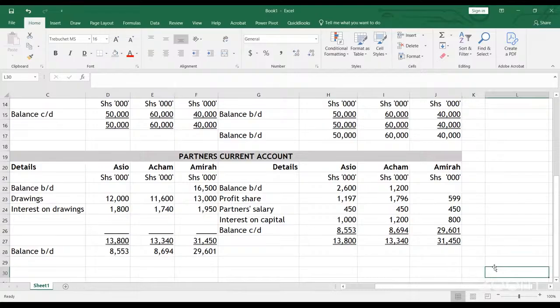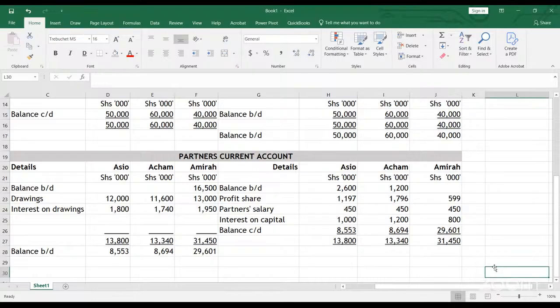So I think we can do the balance sheet. Then when this question is complete, next time we can look at something else. Maybe we can look at changes in the partnership, admission of new partners, changes in sharing ratios.